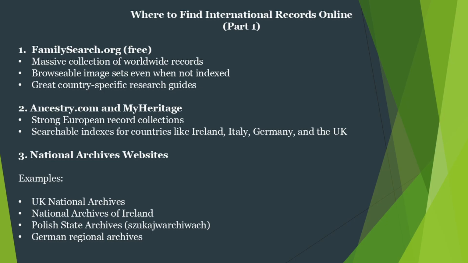They have strong European record collections and searchable indexes for countries like Ireland, Italy, Germany, and the UK. 3. National Archives websites. Examples: UK National Archives, National Archives of Ireland, Polish State Archives, Szukaj Archiwach, German Regional Archives. 4.